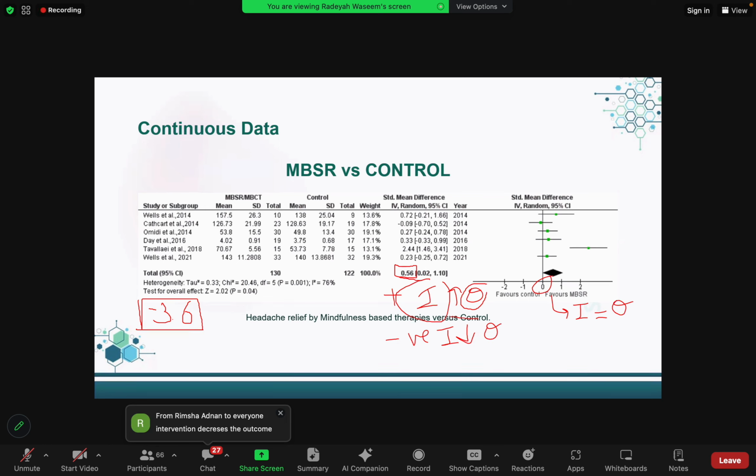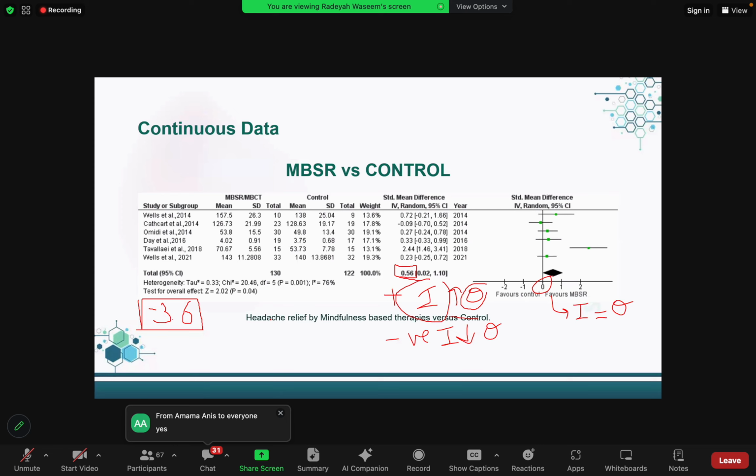Intervention decreases outcome. That means MBSR decreases the headache relief. Okay, that means in our control group, we see a better headache relief compared to our intervention group. Our intervention group showed less headache relief compared to the control group. Does it make sense to you guys?